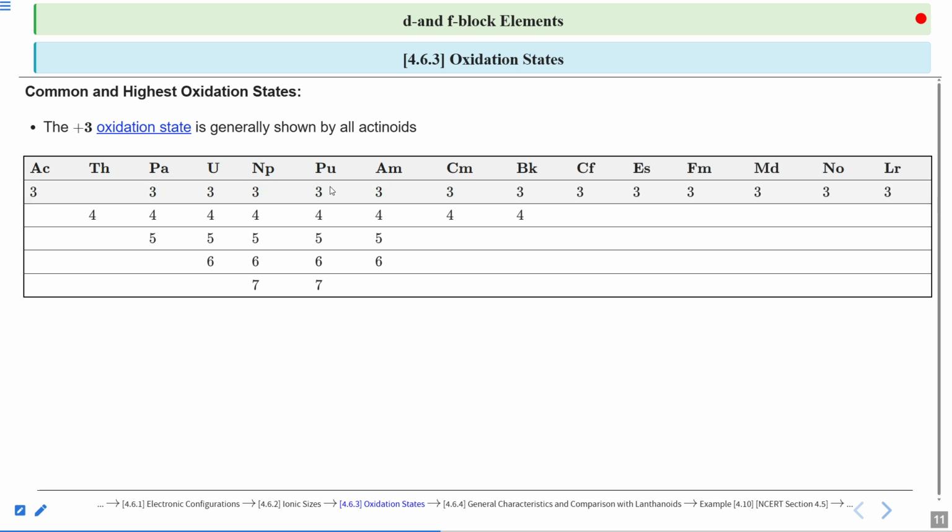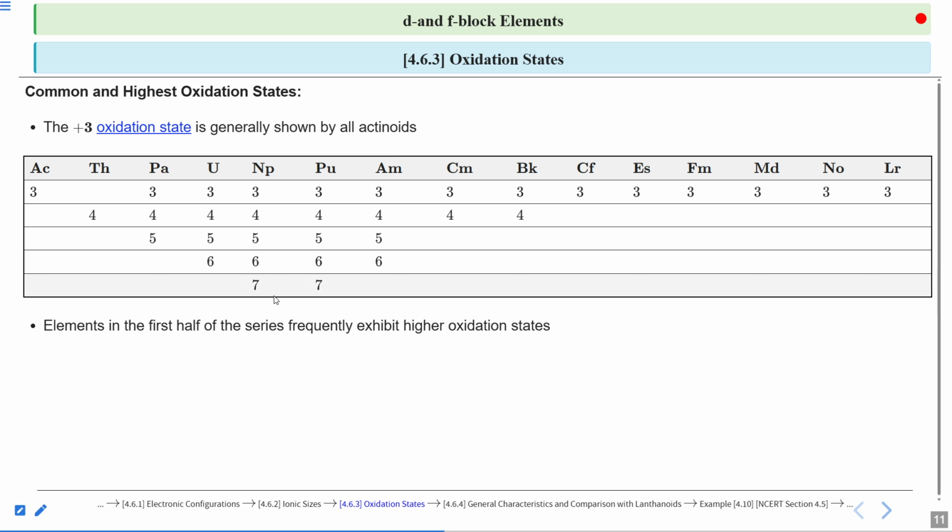Similarly, plutonium shows +3, +4, +5, +6, +7, and americium shows +3, +4, +5, +6, and curium shows +3 and +4, and berkelium shows +3, +4, californium shows +3, and after that every element shows +3 oxidation state, right? So the +3 oxidation state is the one that is generally shown by all the actinoids present in the series.